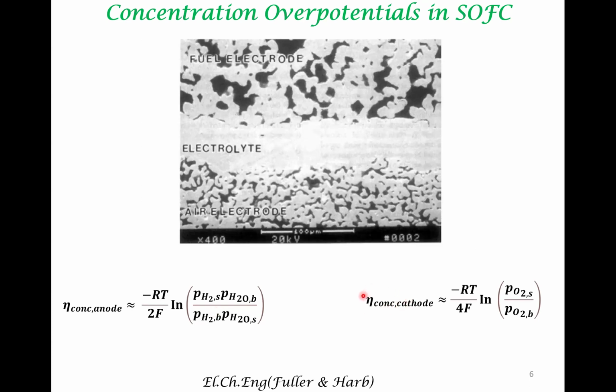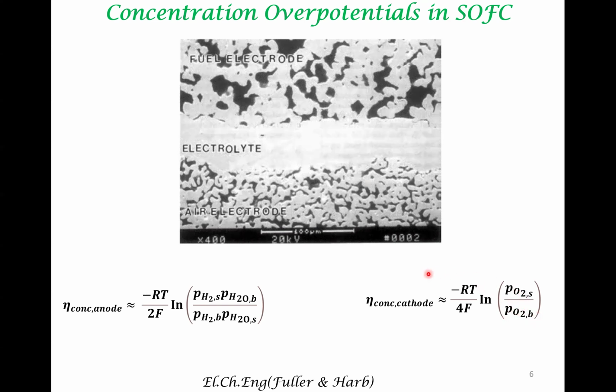Likewise, you may also define a concentration overpotential at the cathode, which is determined by the partial pressure of oxygen at the surface divided by the partial pressure of oxygen in the bulk of the system.